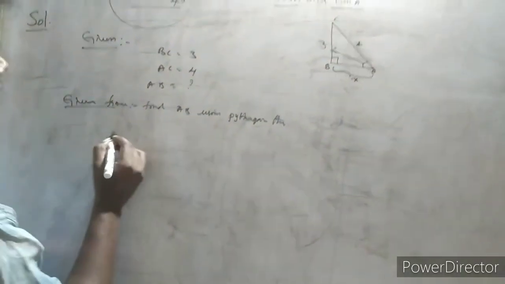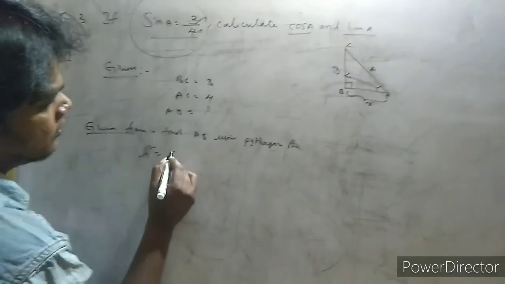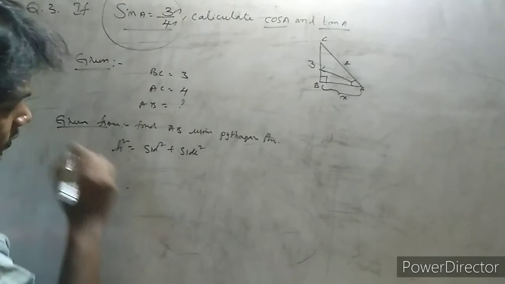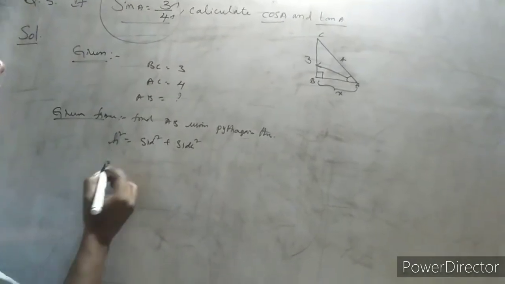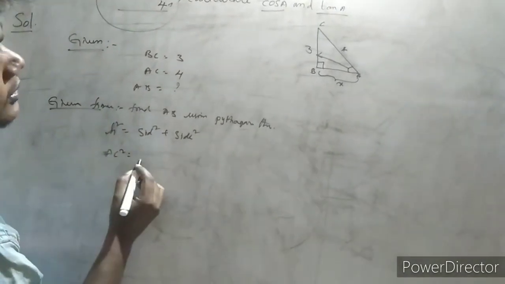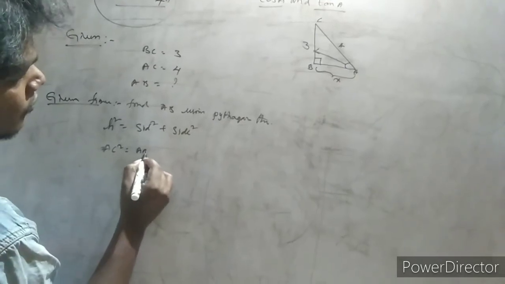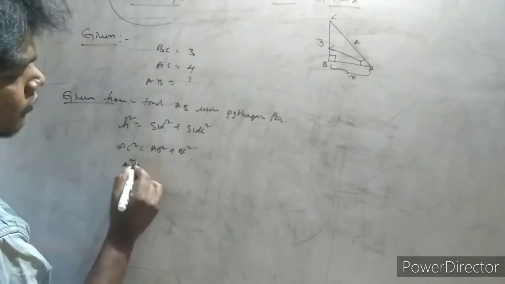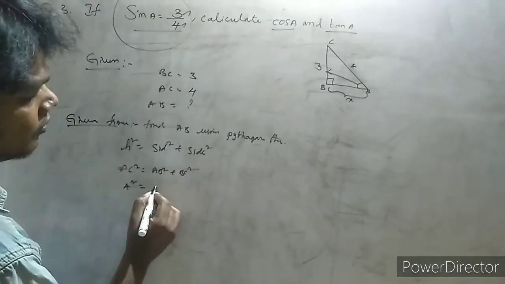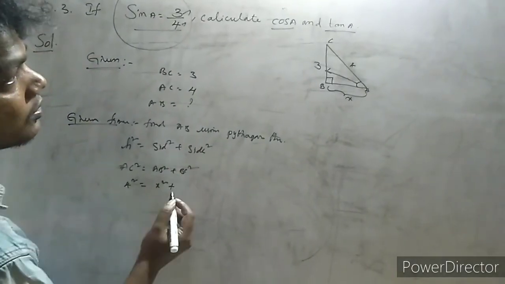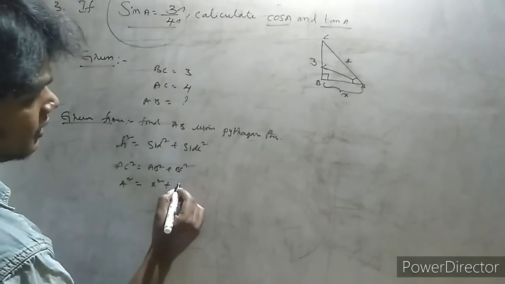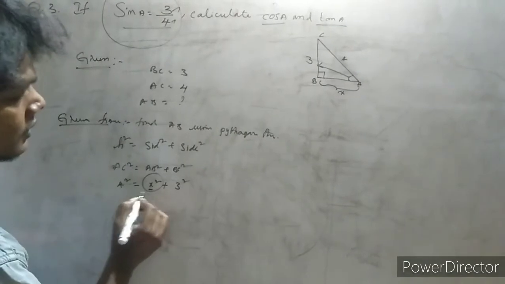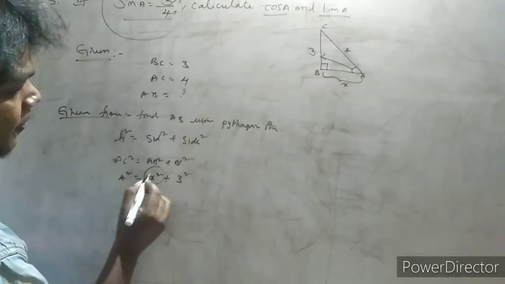Pythagoras theorem means hypotenuse square equals side square plus side square. Hypotenuse means AC square equals AB square plus BC square. So AC square means 4 square. AB square is not given, so x square plus BC, which is given, 3 square.